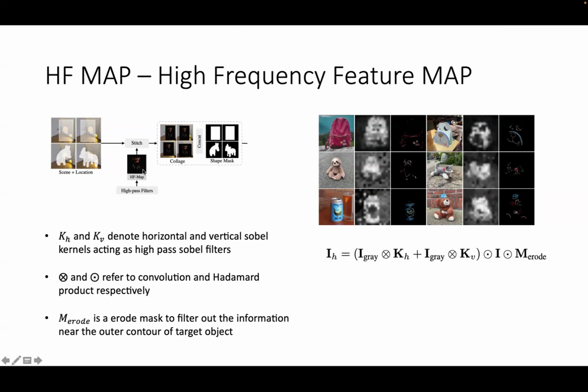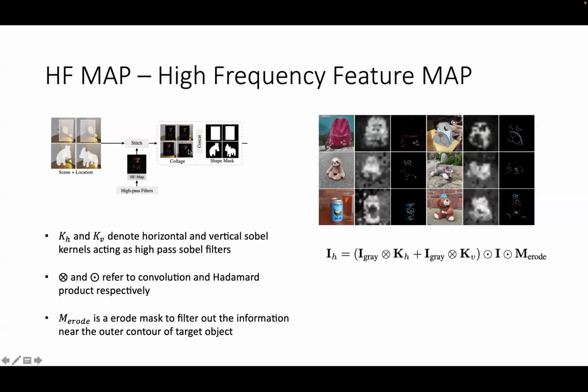Initially, this high frequency map image that we had, on this location we just try to paste it, but the shape was not taken into care. So that is what we are concatenating, that matrix. So what is the output out of this one? Both the collage map and shape mask separately, or only one?